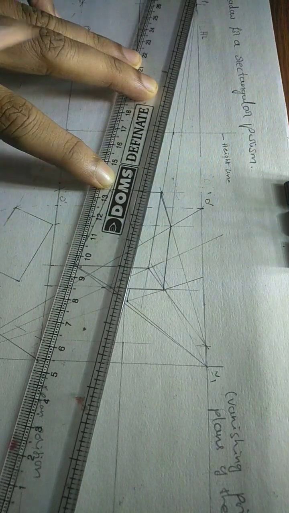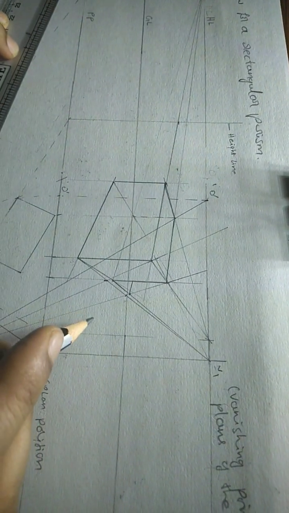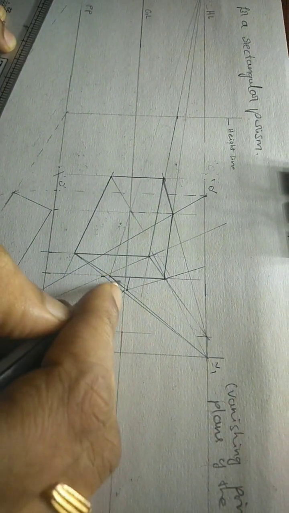So here this one. Now the shadow of this object will be something like this.